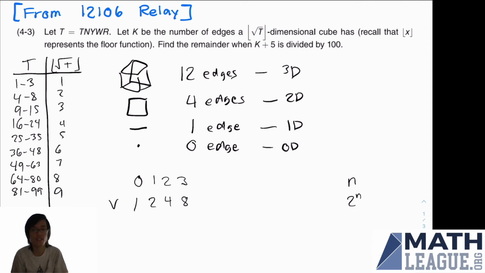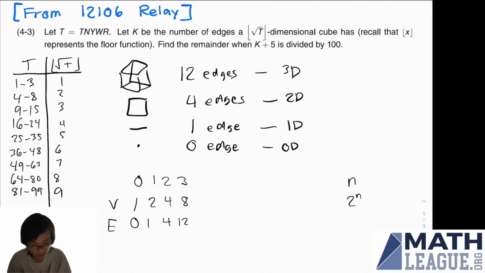But that's vertices. We're looking for edges, and it's going to be a bit tricky to find. Let's see if there's anything I can look at in this. So 0D doesn't have anything connected. 1D, there's this one connection. 2D, there's 2 connections, as each vertex is only connected by 2 edges.